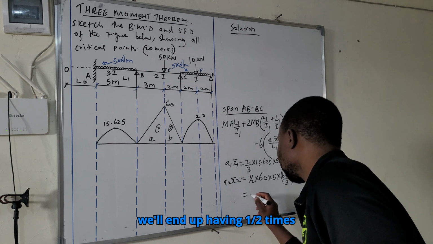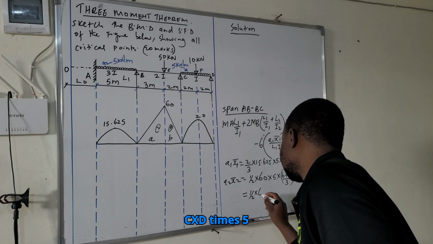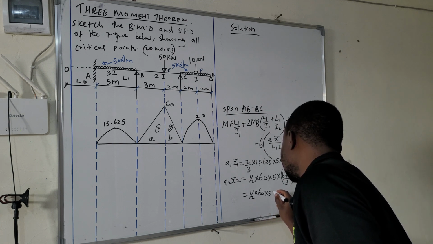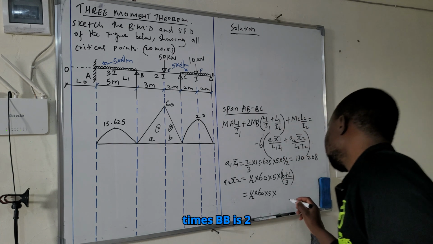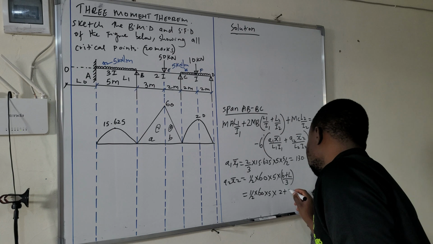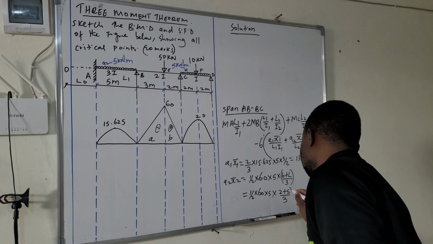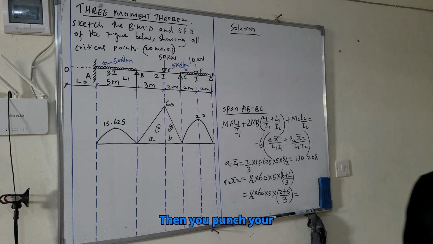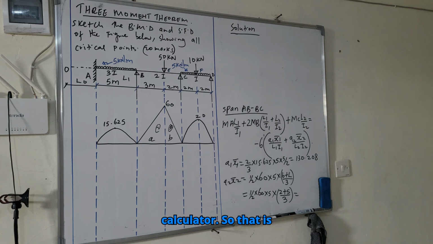So we'll end up having a half times 60 times 5 times B. B is 2 plus L. L is 5, then over 3. Then you punch your calculator. So that is a half, which is 0.5 times 60 times 5 times 2 plus 5 over 3. So that is 350.